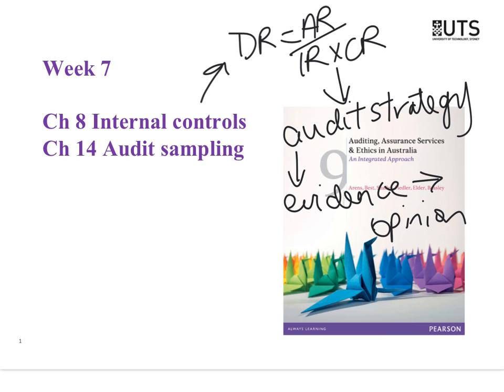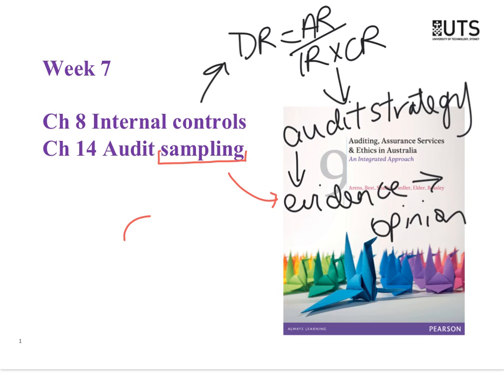Now, the problem with collecting evidence, or the issue, is that we can't test every single transaction. That's just not going to be feasible in terms of time, in terms of cost. So, what we need to do is we're going to collect a sample, a subset, and then we're going to make some general opinions based on that sample about everyone within the population.